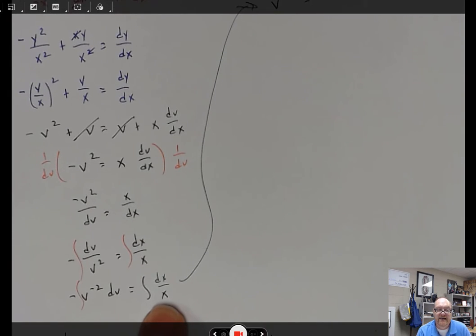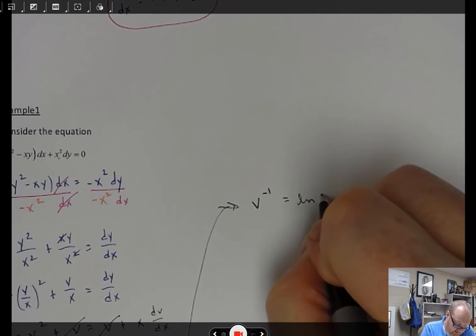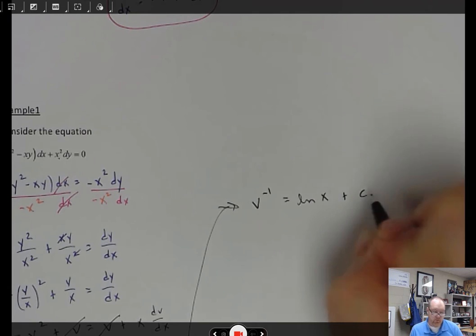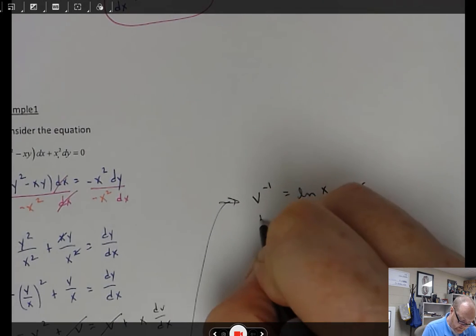And if I integrate dx over x, that's our old favorite natural log. And then somewhere a constant of integration. All right, so I've kind of got that solved in terms of v.